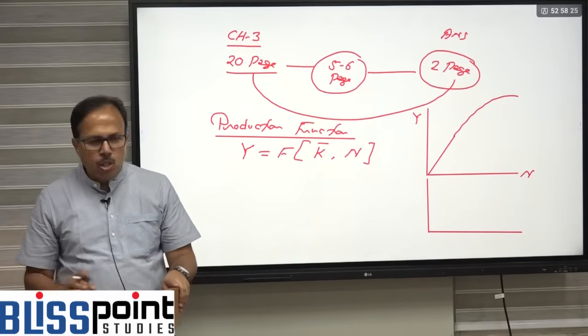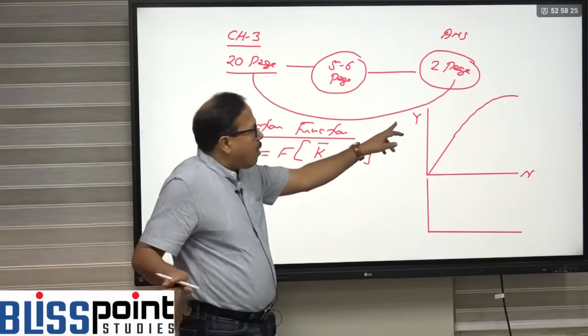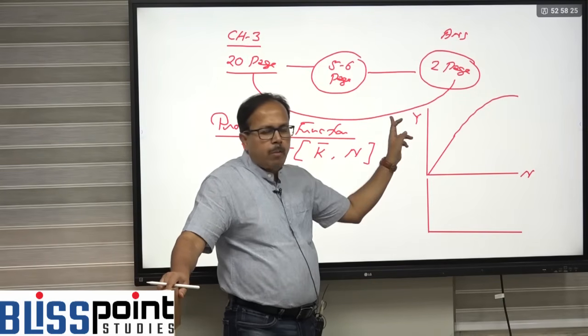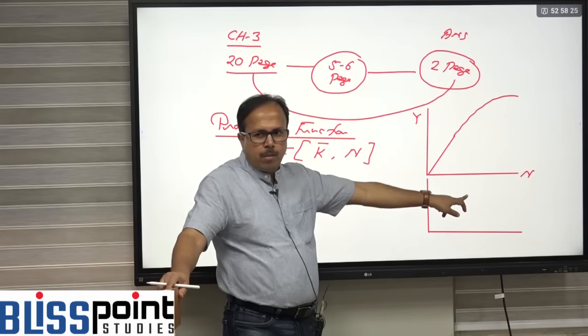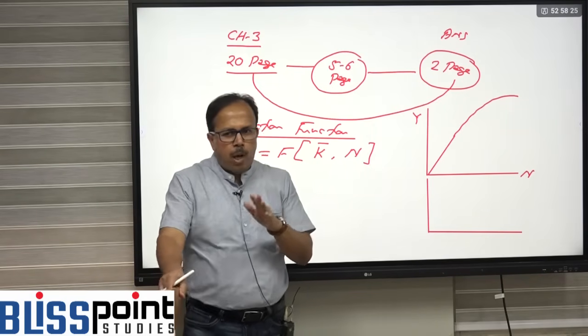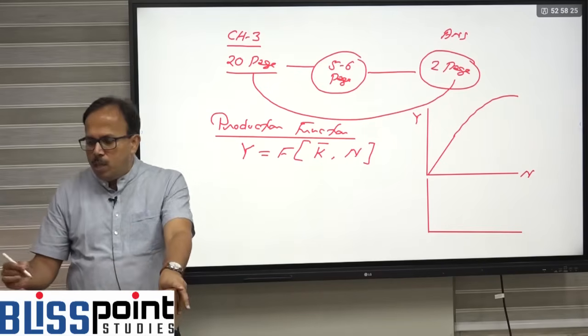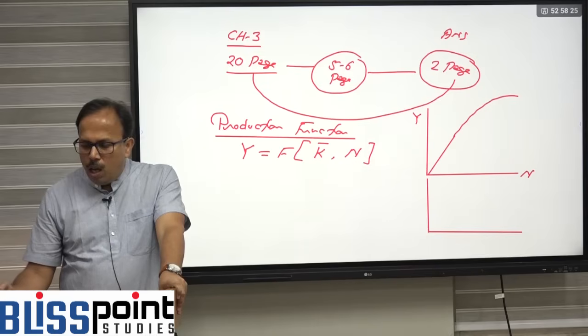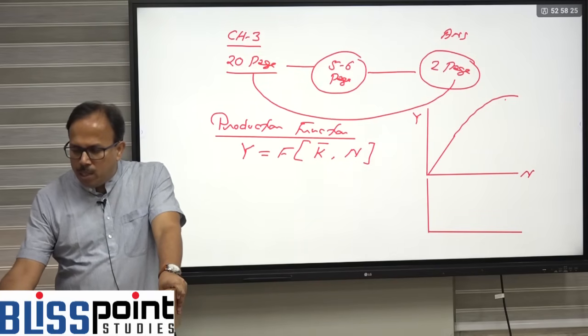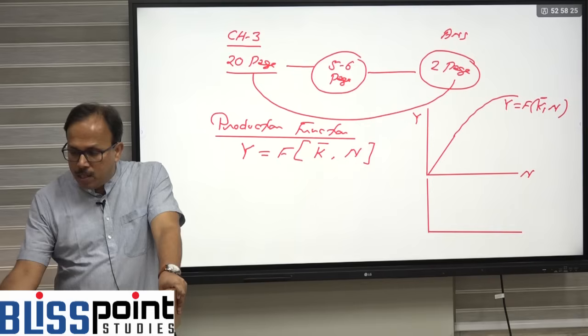So y as a function of n actually means that what will be the output, that depends upon what? How much will be the output, that depends upon employment. If I say that y is a function of n, employment, that means output depends upon n. So this line basically simply shows that y is a function of capital and employment of labor, where capital is held constant.